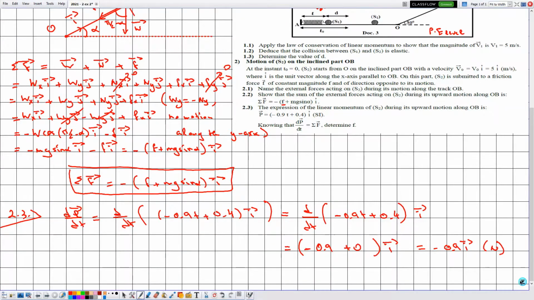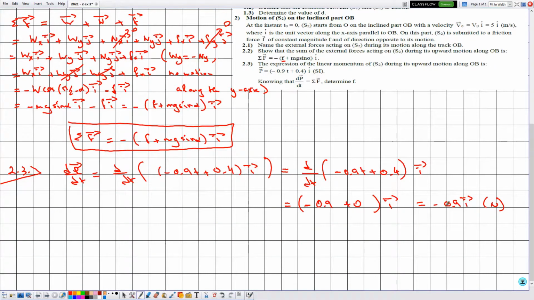Here no need to mention any law because they already gave the relation, or you can say apply Newton's second law. Because we know that dp by dt is equal to the sum of forces, instead of dp by dt we will place minus 0.9 times the unit vector i. Now instead of the sum of forces we write minus f plus mg sine alpha multiplied by the unit vector i.